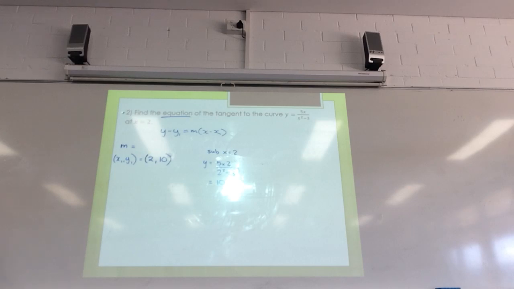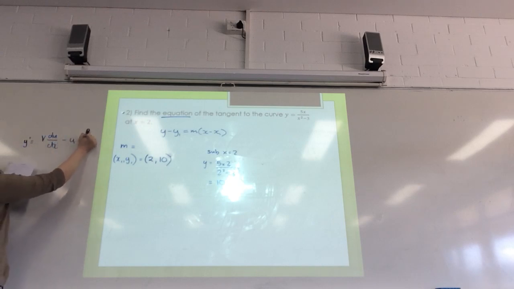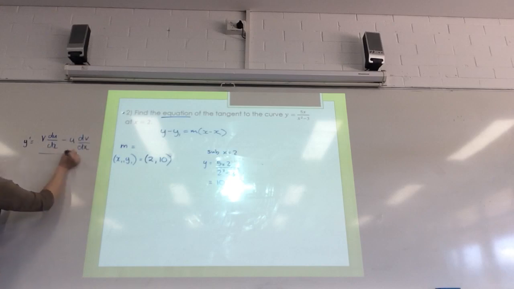Okay, so you write down your list of u and v. Now, you're going to have your quotient rule on your formula sheet in front of you. Okay, so this is as it appears on your formula sheet.